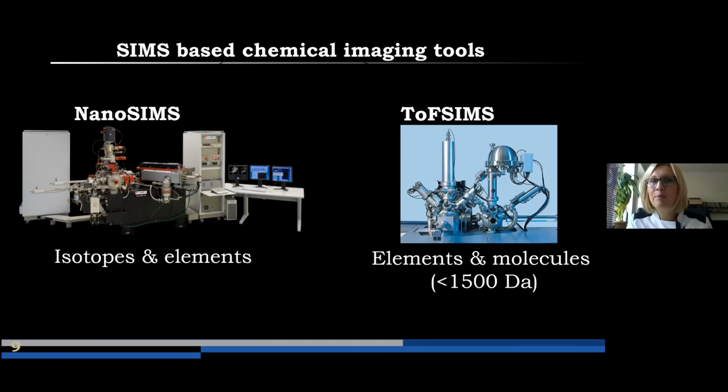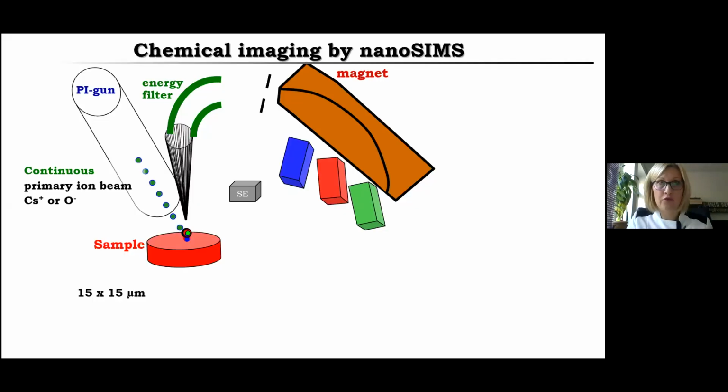So what you basically get is isotopic ratios of single microbial cells, and this is amazing. The other instrument, the TOF-SIMS, is more targeted on elements and molecules, but they have to be larger than 1,500 Daltons. I will go now to present each instrument separately and describe more features of those.